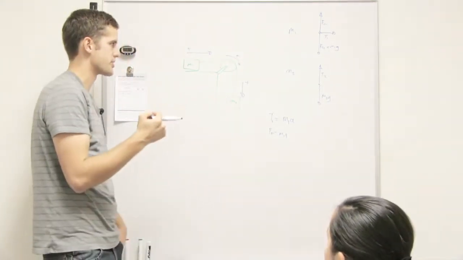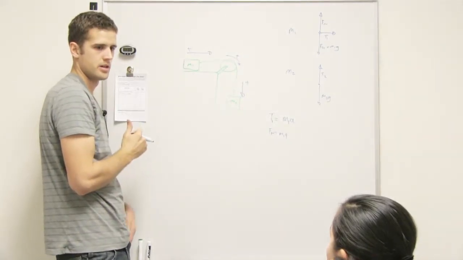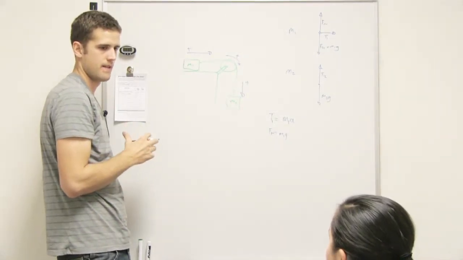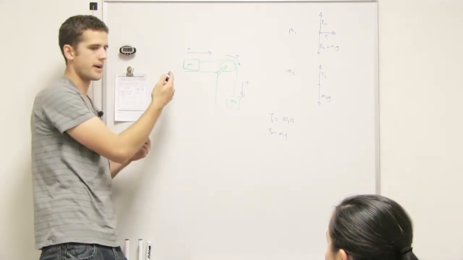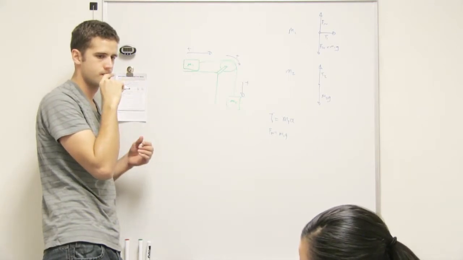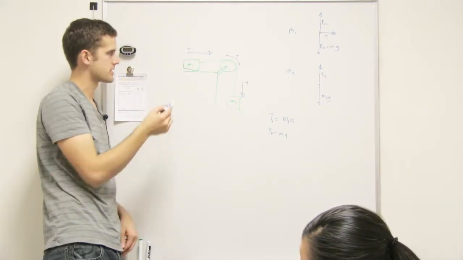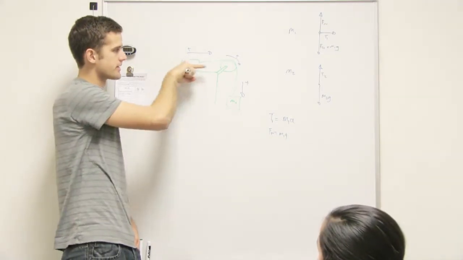So what will the acceleration be going this way for mass 1? It'll actually be 0, right? Wait, the normal force would be 0? The normal force won't be 0, but the acceleration will be 0 because it's only moving in this direction, right?